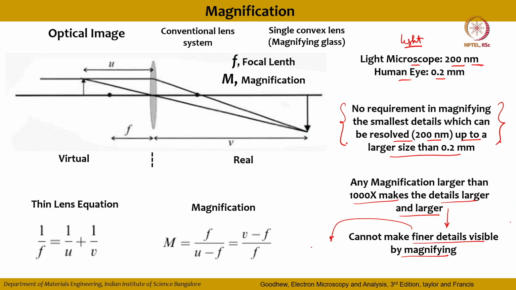Okay, so there comes the resolution. Even though you can magnify higher and higher, it is not necessary that the two points or the finer details can be resolved by magnifying. Okay, so then, as I told you, comes the resolution.